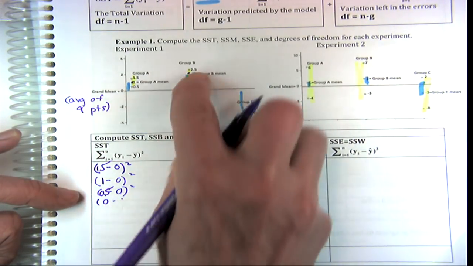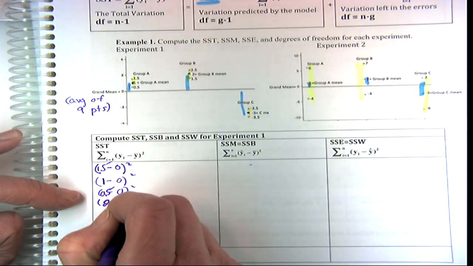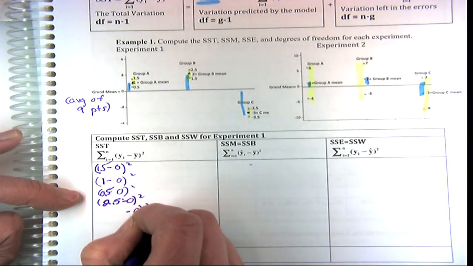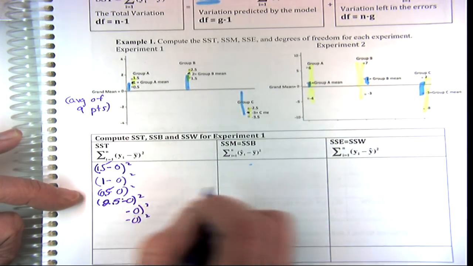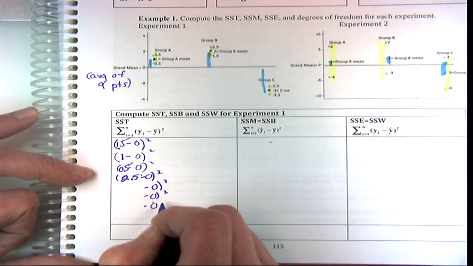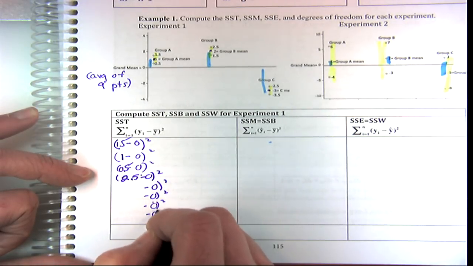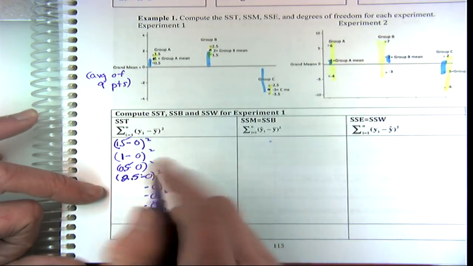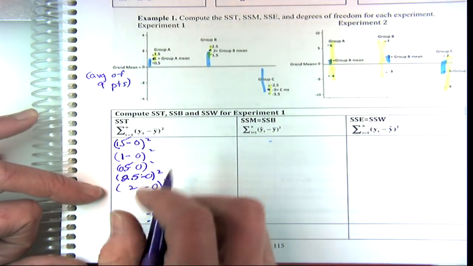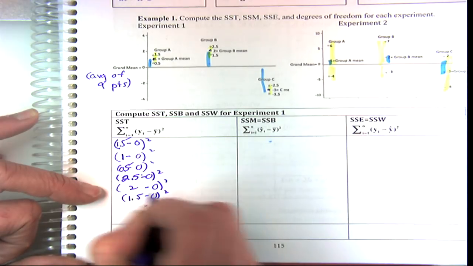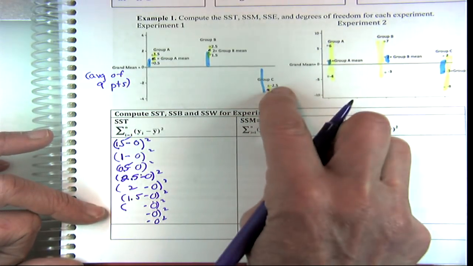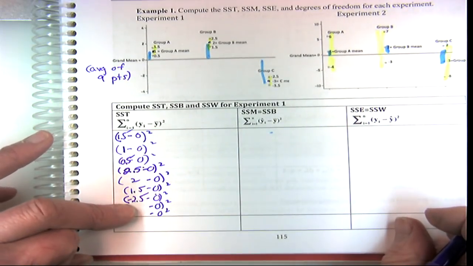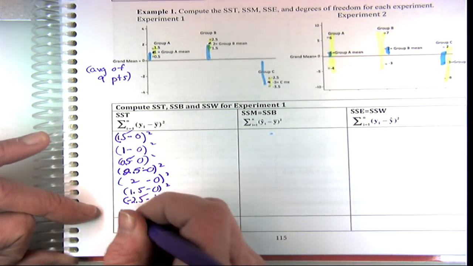I should have written 2.5 here. 2.5 minus 0 squared. So here you have minus 0 squared and minus 0 squared. And then I'll have 3 more. All right. So now I should do 2, I'm right here, and 1.5. And now I'm finally here, and I have negative 2.5 minus 0 squared, negative 3, and negative 3.5.